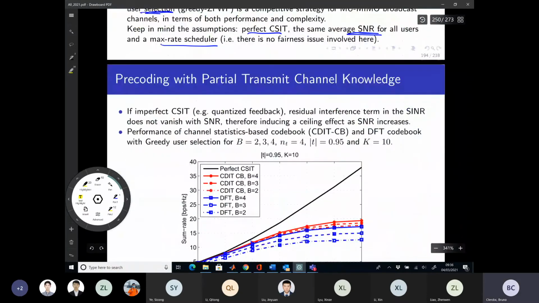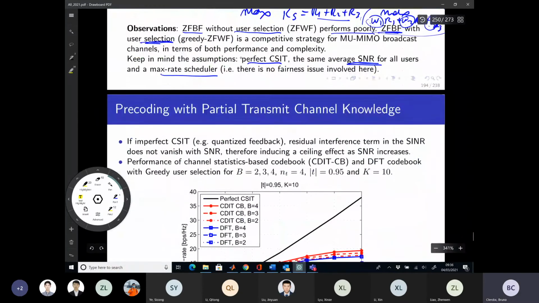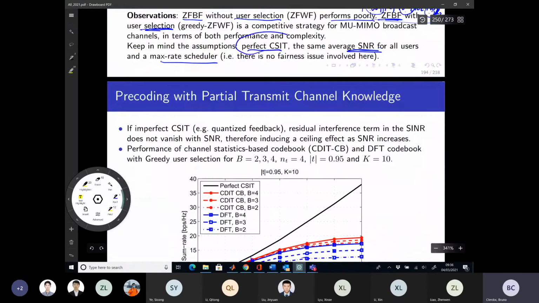Right, so what happens now if we don't have perfect CSIT? Well, if we don't have perfect CSIT, we have a system that is called imperfect CSIT in general, or here partial knowledge. You can also find in the literature, partial CSIT.